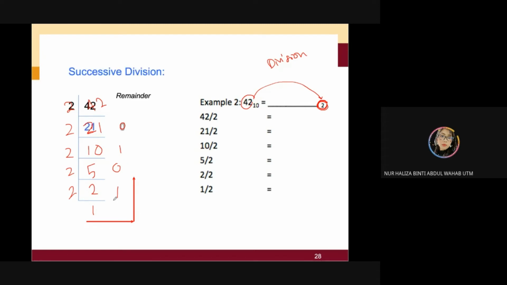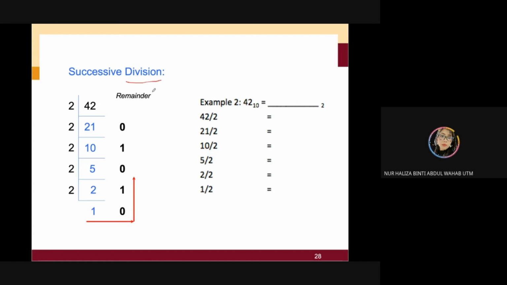There is no remainder after that, so you're going to put 0. So basically it's similar, like a normal division. You just divide, and whether it has a remainder or not, and so on. So you're going to pick your answer from bottom to up.